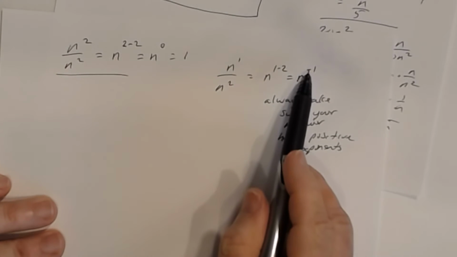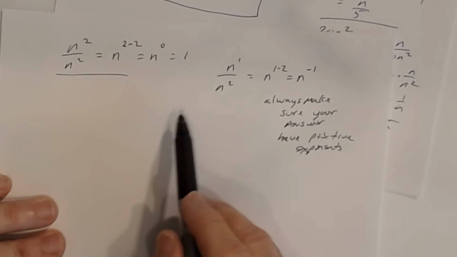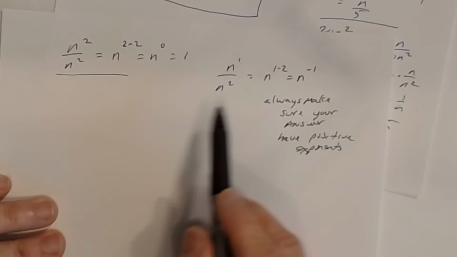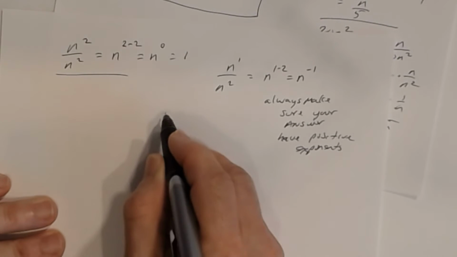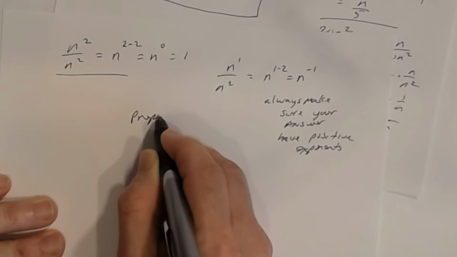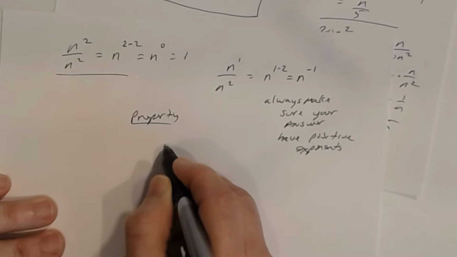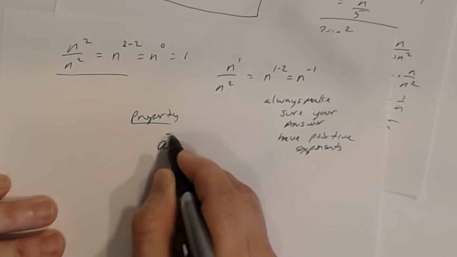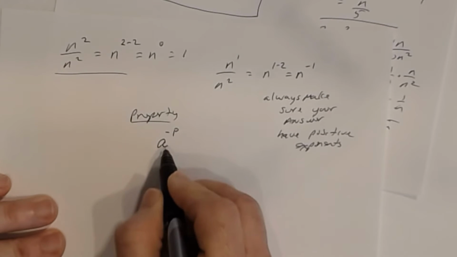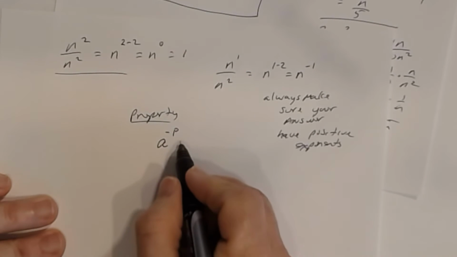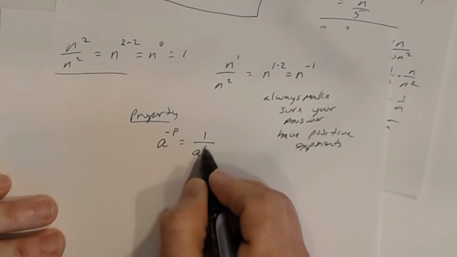So this is negative. That's going to bring us to another property you learned in a previous course. And here's that property. Whenever you have an expression raised to a negative power, and that's what we have here, then you can rewrite this as 1 divided by a to the positive power.